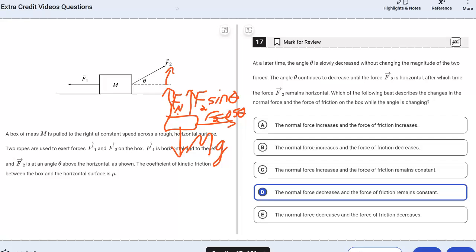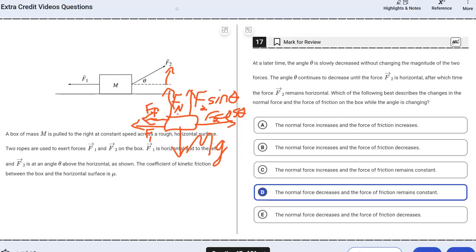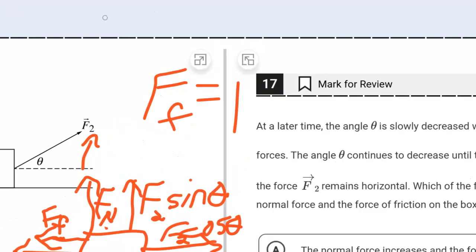And then we're going to have frictional force, and we're going to have F1. All right, so we have our FBD. And then let's also write at the top, it's really important, force of friction equals mu Fn.